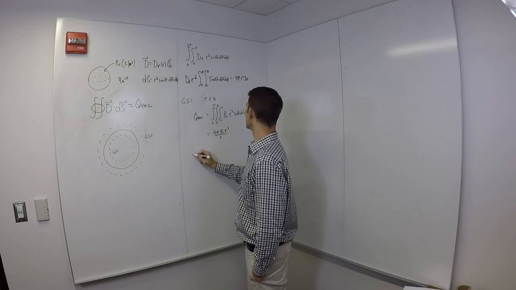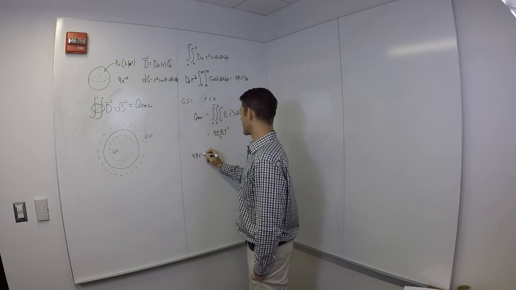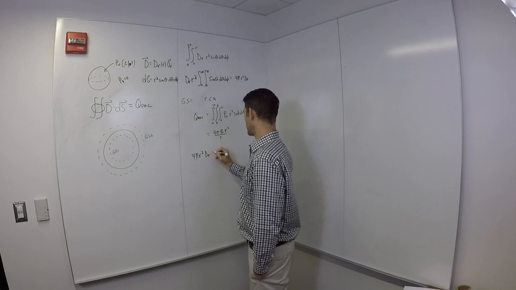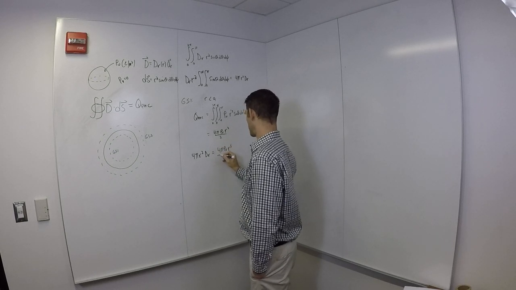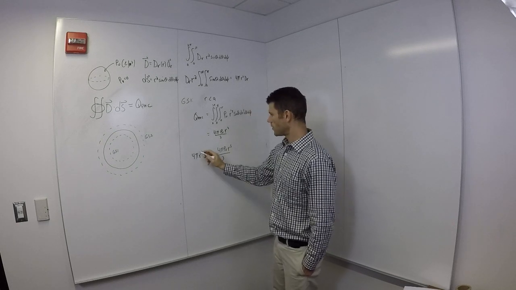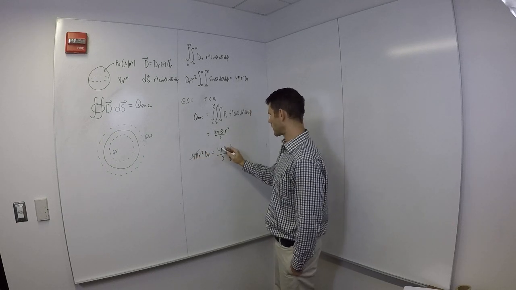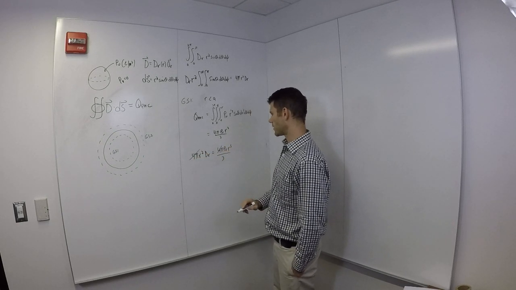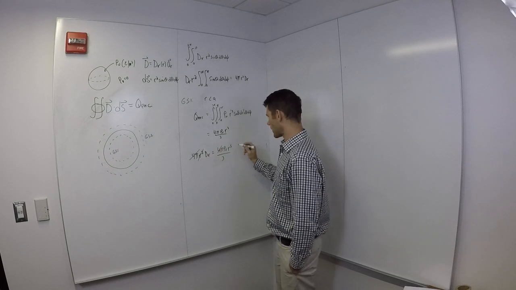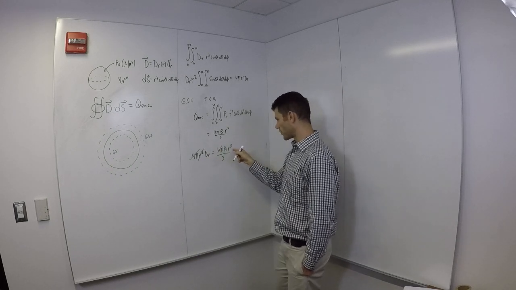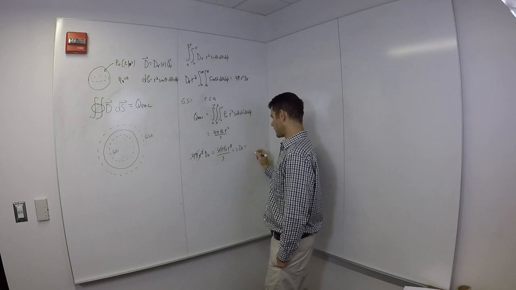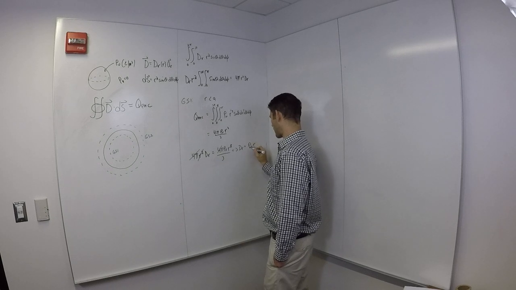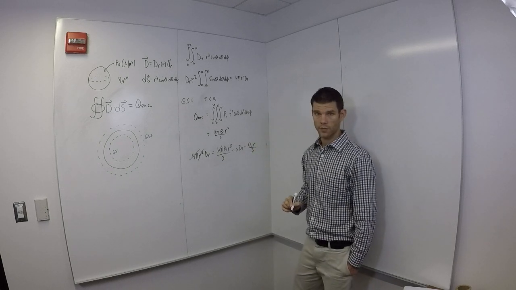We can say that 4 pi r squared dr is equal to 4 pi rho v r cubed over 3. The 4 pi cancels out, and the r squared cancels out 2 of these, so we're just left with r here. This says that dr is equal to rho sub v times r divided by 3.